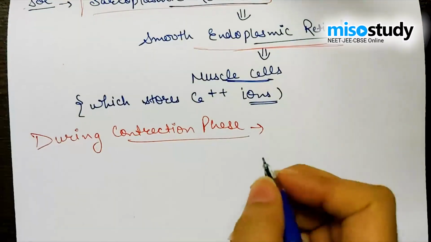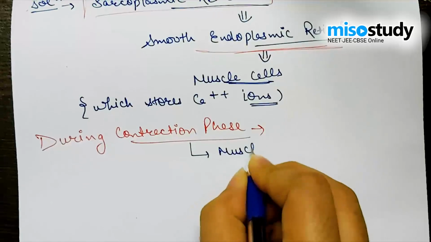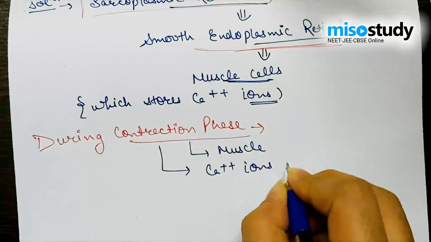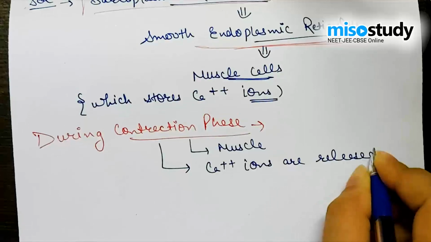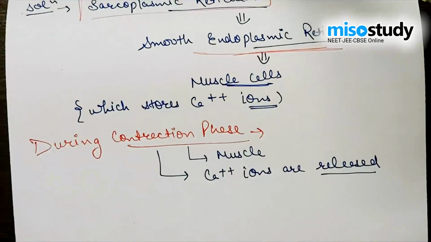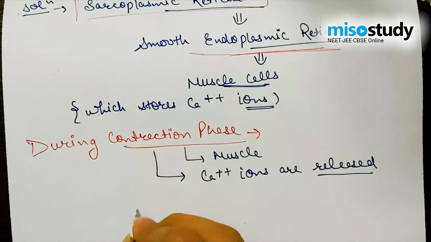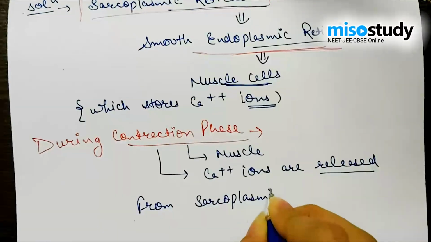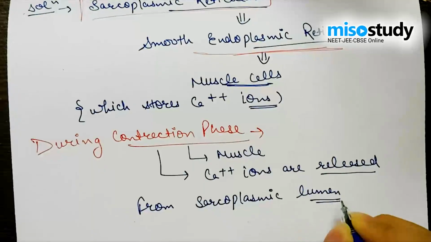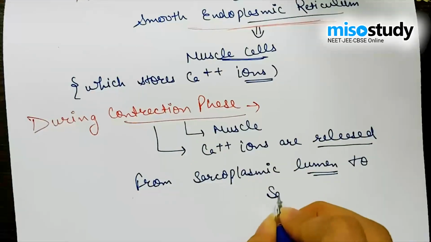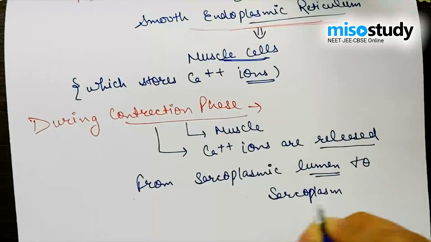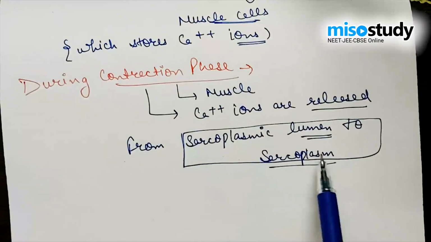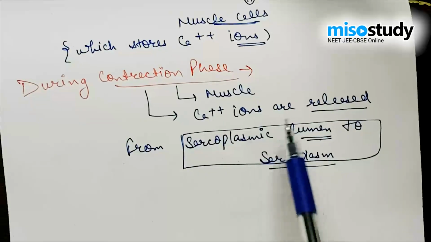In the contraction phase of muscle, calcium 2+ ions are released from the sarcoplasmic lumen to the sarcoplasm.